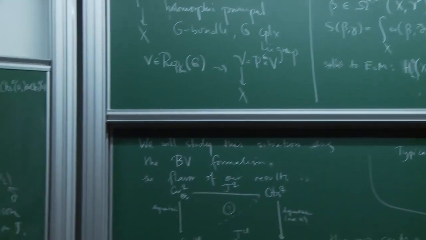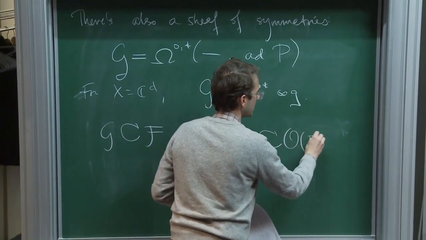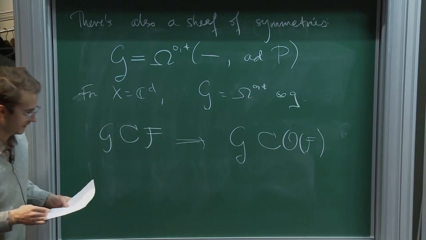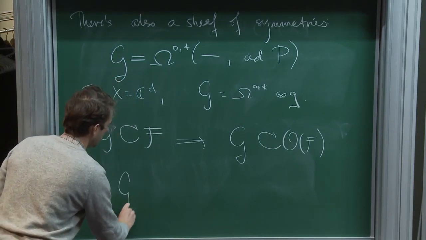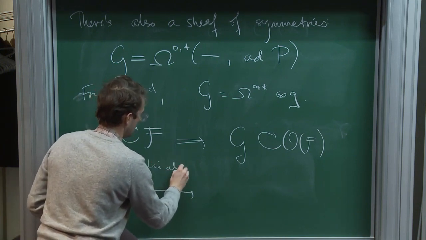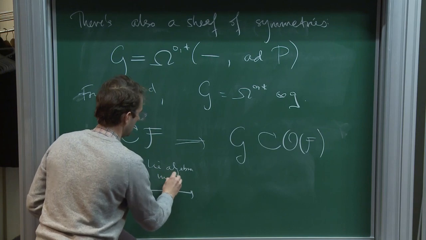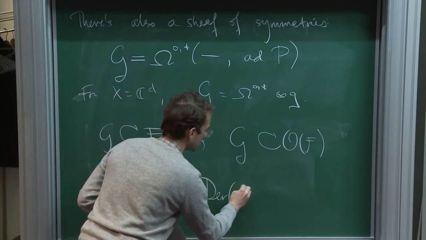But if you have an action on a space, then you also have an action on functions on the space, which, if you'd like, is a Lie algebra map from G into derivations.